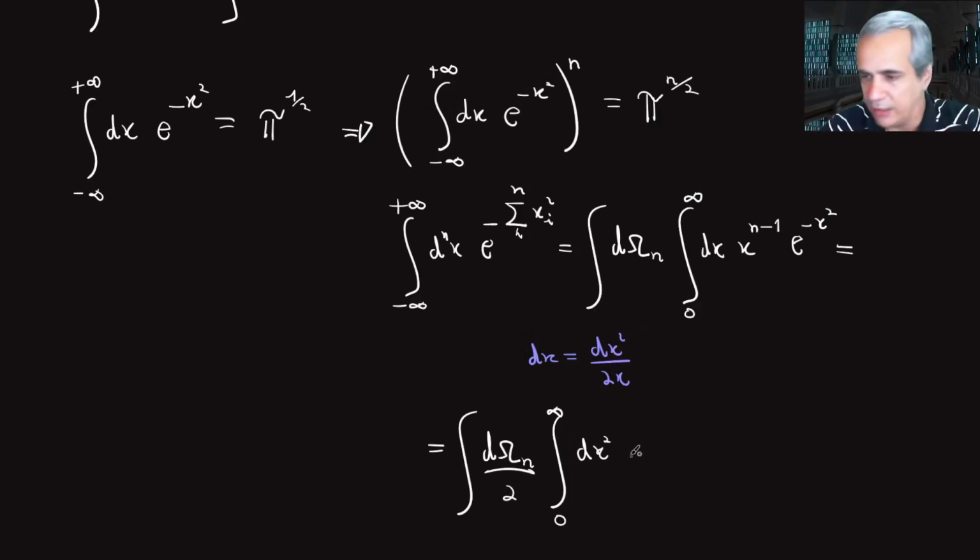And now I have x to the n minus 2 because of this x here, and exponential of minus x squared. And now this I want to write as x squared to the power n minus 2 over 2.